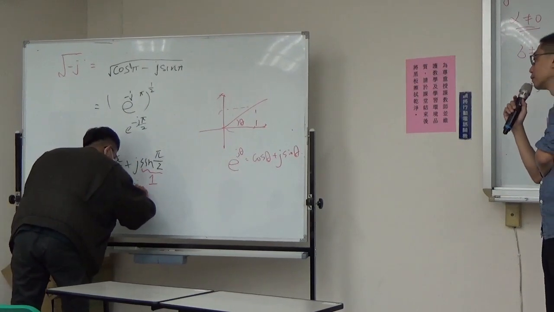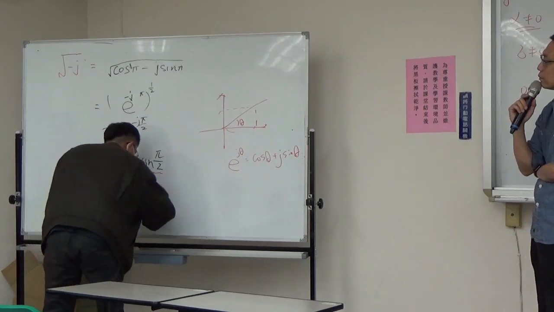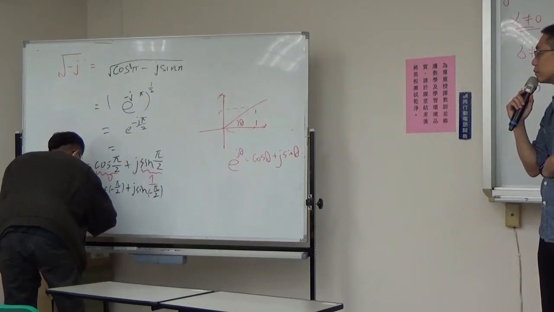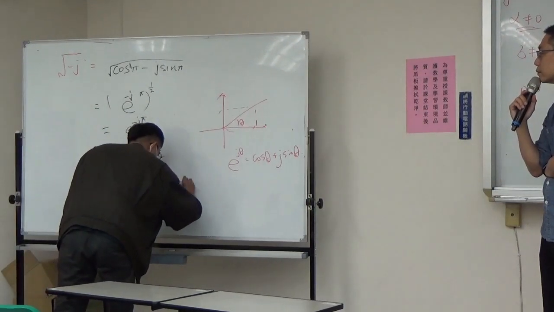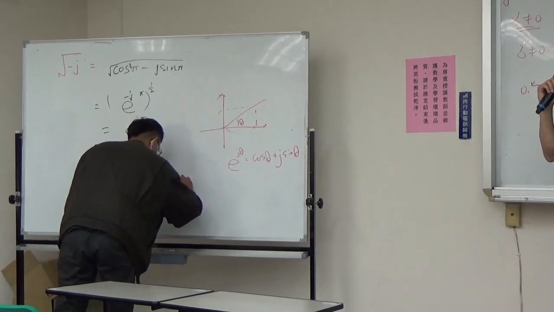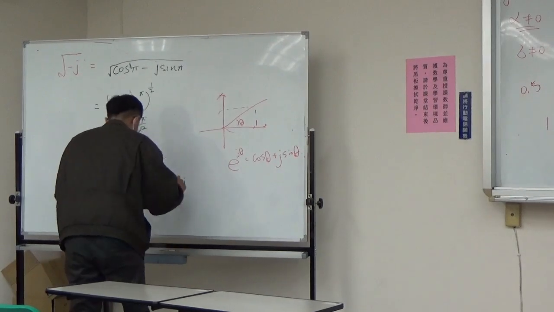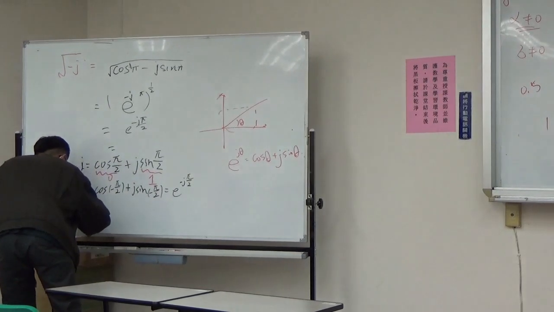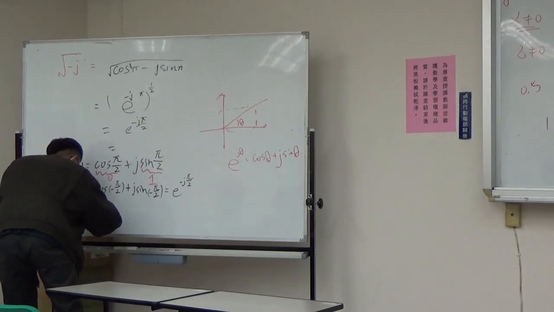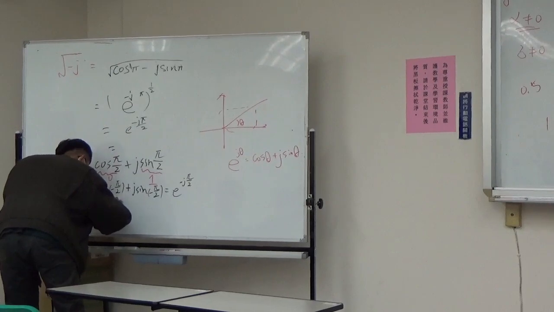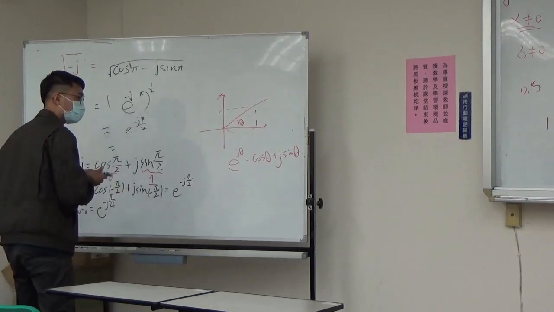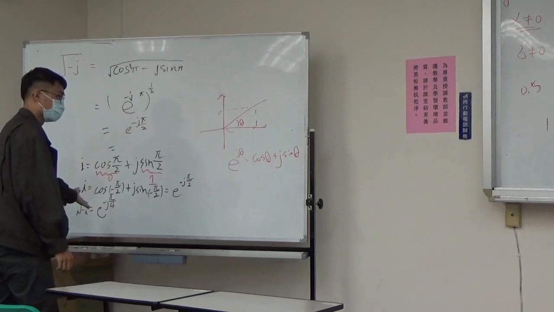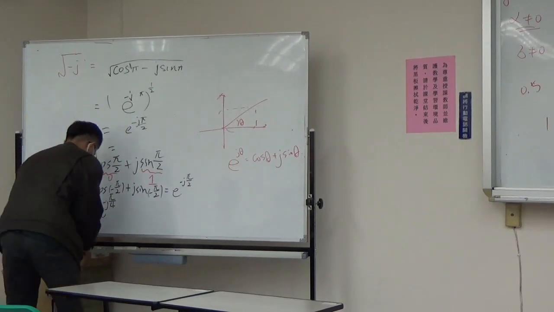Here is a square root we focus. And there's more. It will be a cosine and sine part, and you put.